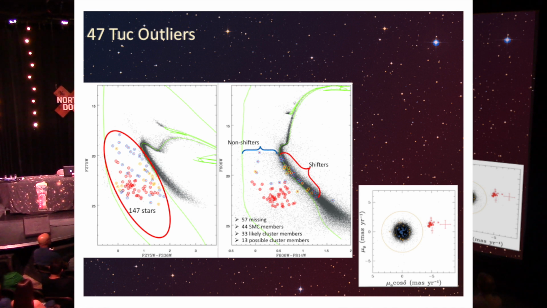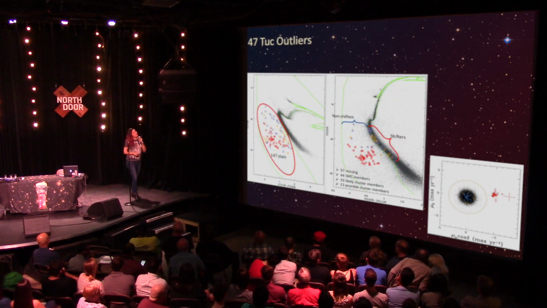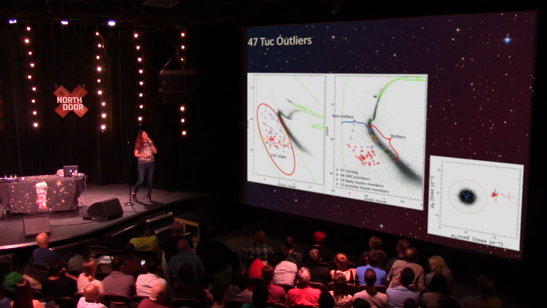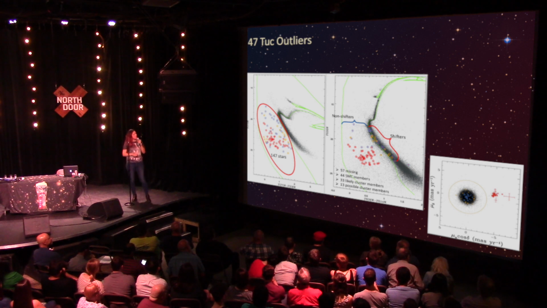And the ones that are in this gap and go to the main sequence in visual colors are shifters. It was funny because I sent it to a referee, and the referee answered, I'm not familiar with this term, shifters, and I'm like, yep, that's because I invented it. And there's actually a very good number of them.